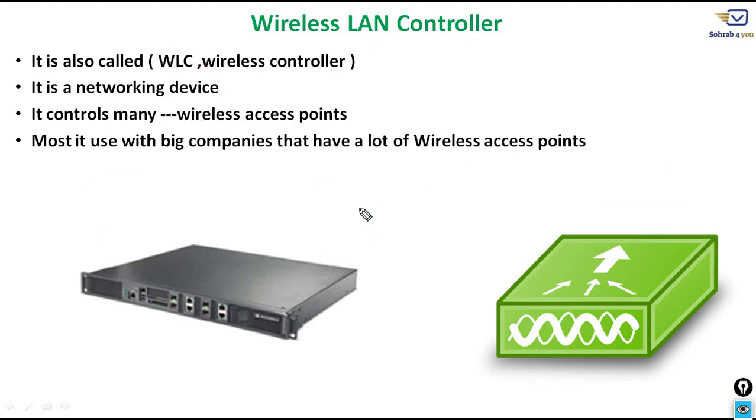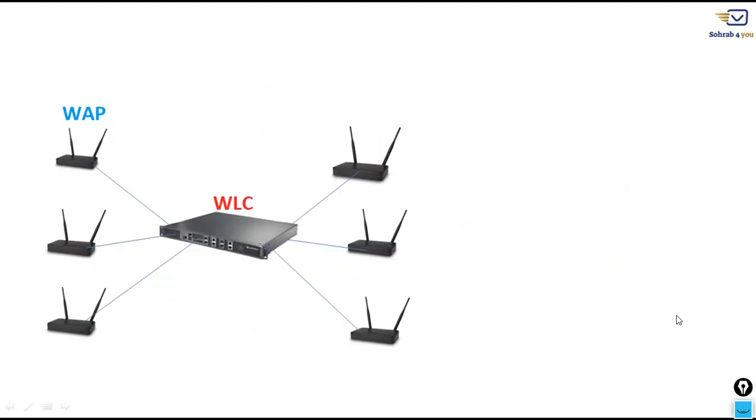So yeah, let's move to the next one. So now you can see that. Guys, do not be confused between WAP and WLC. Now you can see this is a WAP, this is another WAP, this is another wireless access point, this is another, and this also.